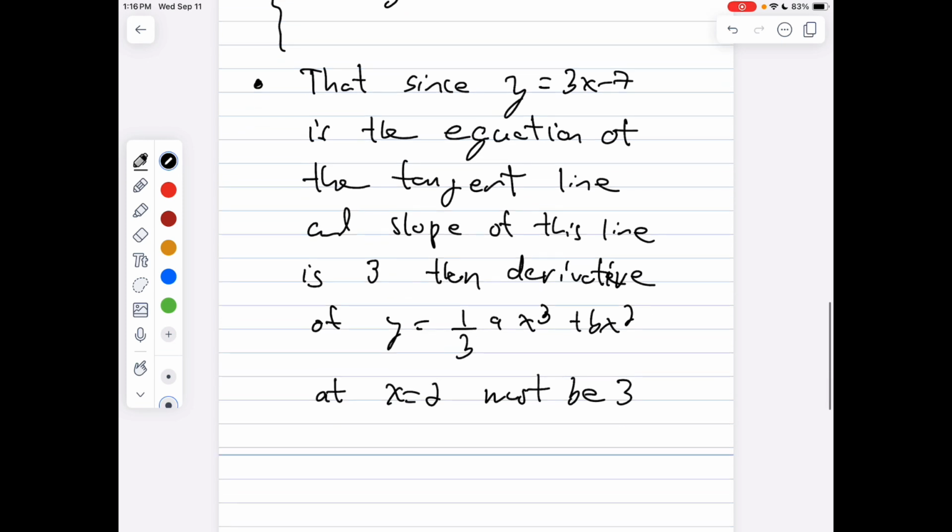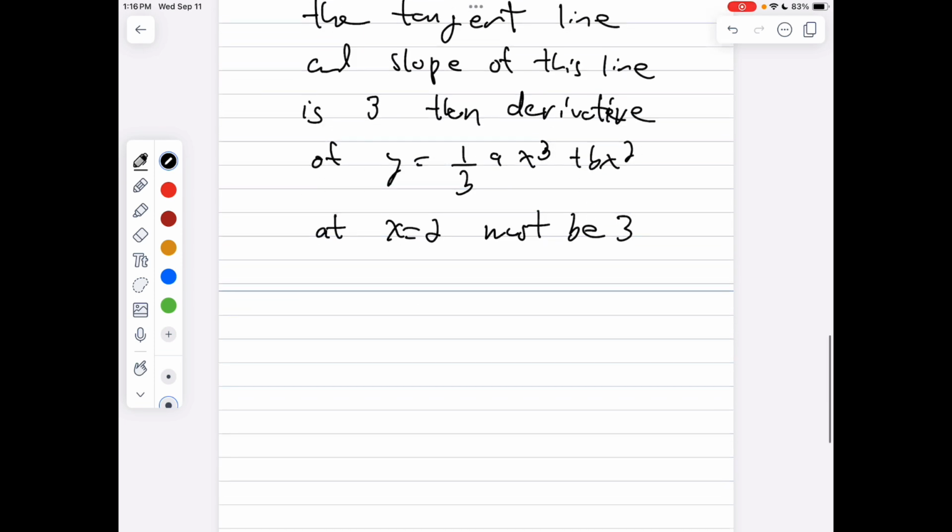Okay, so again, that's just reiterating what a slope of a tangent line is. It means the derivative at a particular point is equal to that value. So that slope of that line is 3, therefore the derivative of the function at 2 must be 3 as well. So I'm going to take the derivative dy dx or y prime, whichever you prefer.